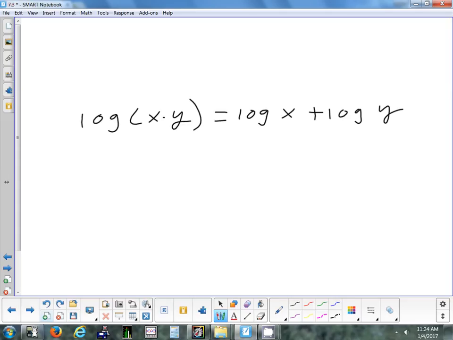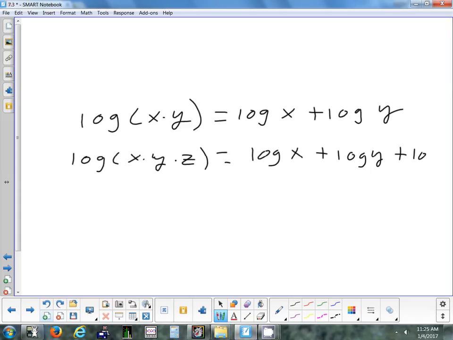Now, that rule works for more than two things. Like if you have something times something times something, you could split that as log x plus log y plus log z. So you can have as many things multiplied together as you want.